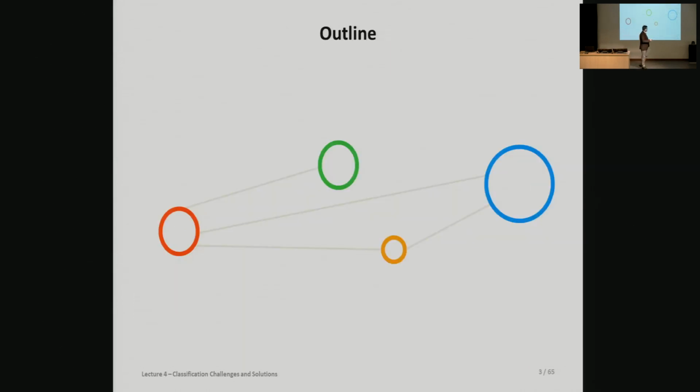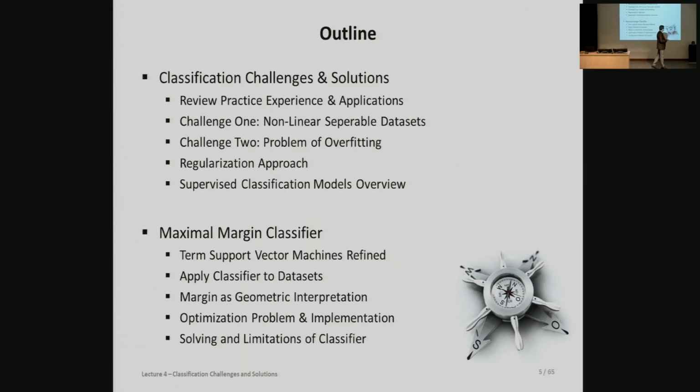That's why we start a little bit here today with the challenges, looking at the practical problems that we have, and 2 of them basically are ones that you already know a little bit: the nonlinear separable data that we have, also alluding to the applications we had yesterday evening, right, with 52 classes, very complex, so there's definitely no linear decision boundary. And second, the problem of overfitting needs to be very carefully looked at if you want to go to practice in machine learning.